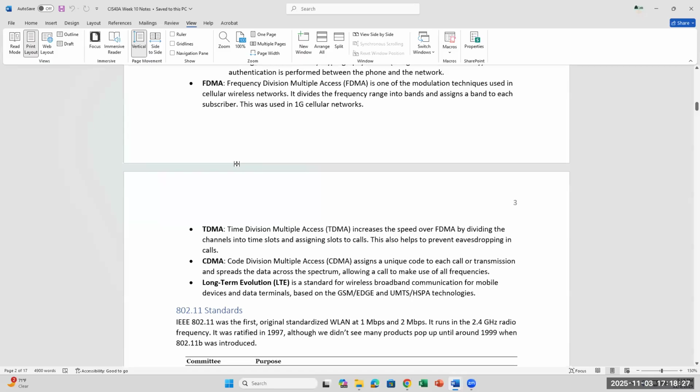For code division multiple access, it usually uses a code for each call transmission, and it's a way to spread the data across the spectrum. Each unique code is created for each call across the cellular network, allowing the call to use a broad amount of spectrum in the frequency.